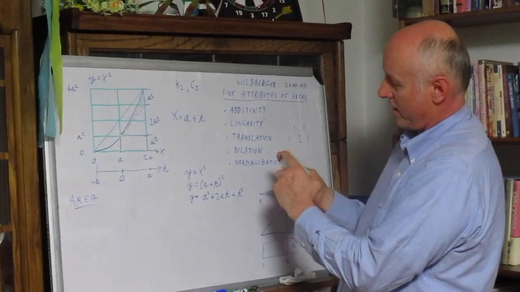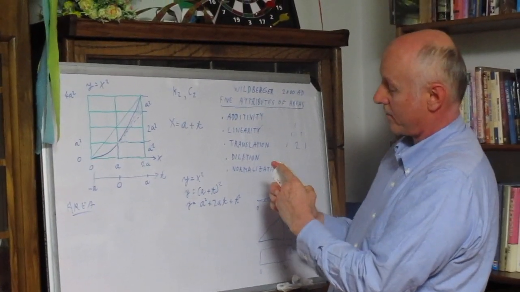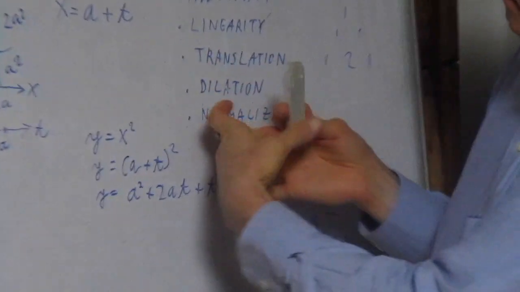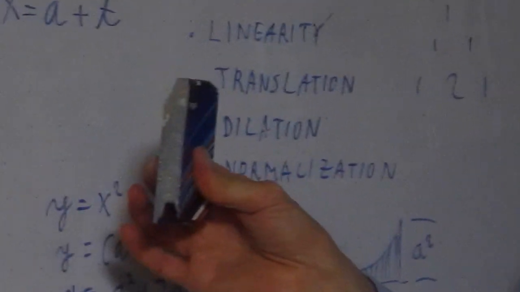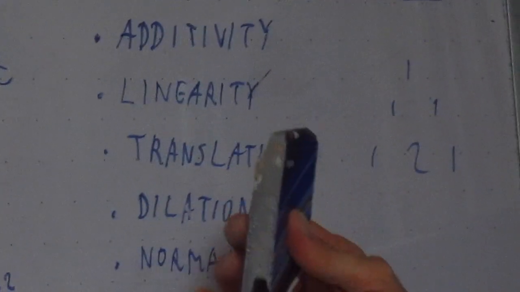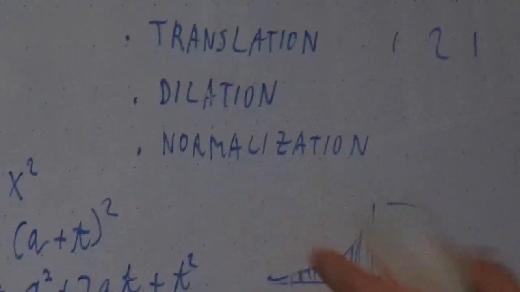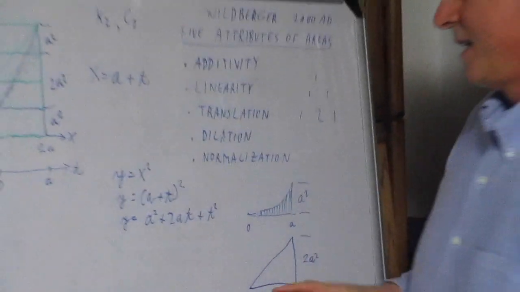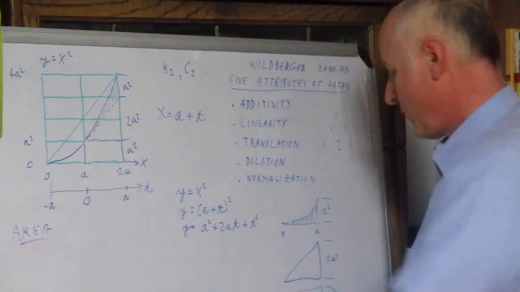It could be anything wild and crazy. I mean, look at this. Has the area changed? It's still Cavalieri's principle. So that's part of our additivity, and that's what we're using.